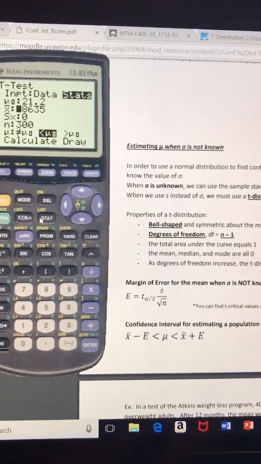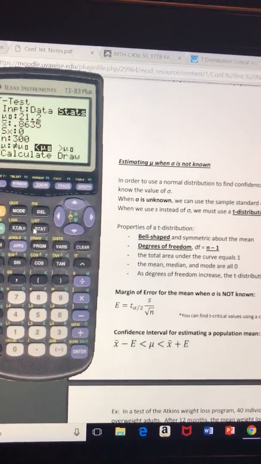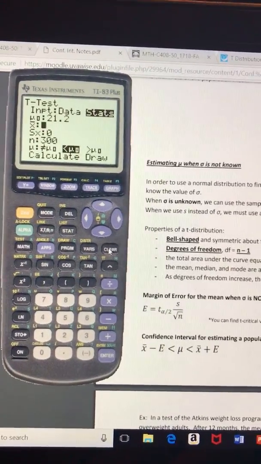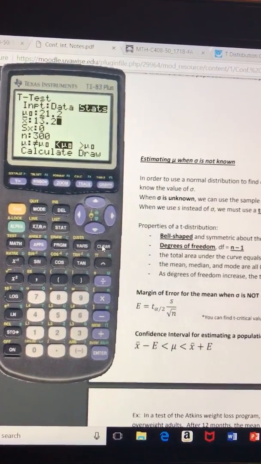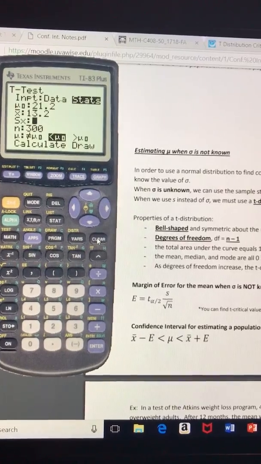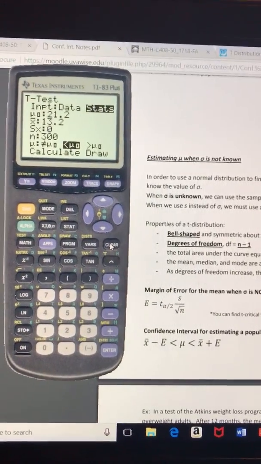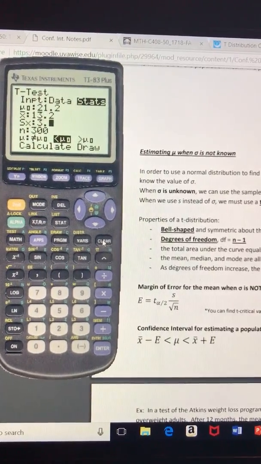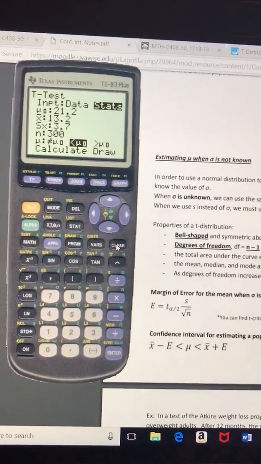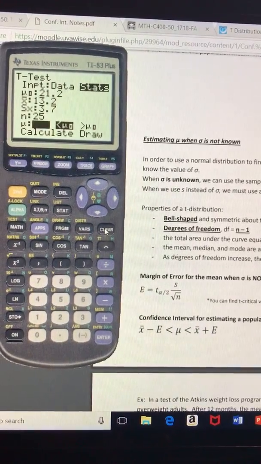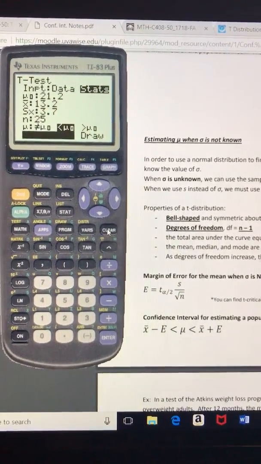Let's try again, 13.2. Sx, which is the calculator notation for sample standard deviation, is our s. It's 3.7. n is 25. And our H1 is less than. It's already there, so click calculate.